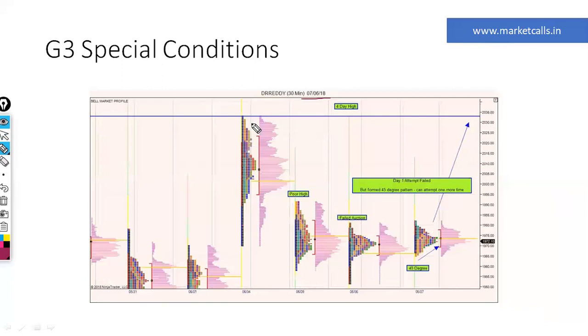At sector level, Nifty Pharma itself had G2 there, and it did a tremendous recovery. In fact, most of the stocks went 5%, 7% crazily in those periods. Right. If there are any questions, I can answer them now.